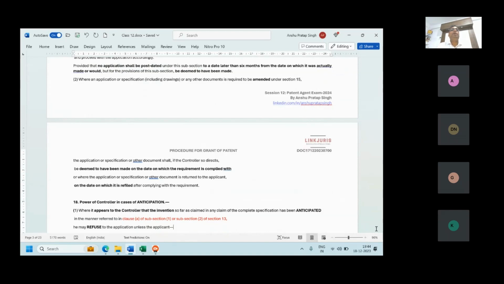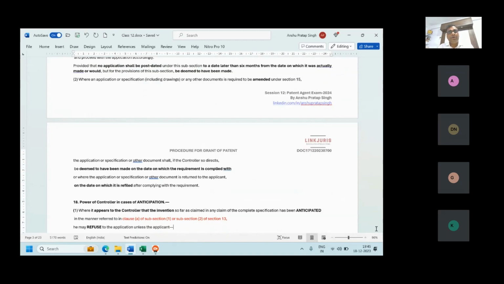However, there was a question by Ananya on this. Ananya, not every time controller will ask you to do this. This is a power with him, but it should be exercised only with caution, that if you are post dating it, there has to be a reason for that.